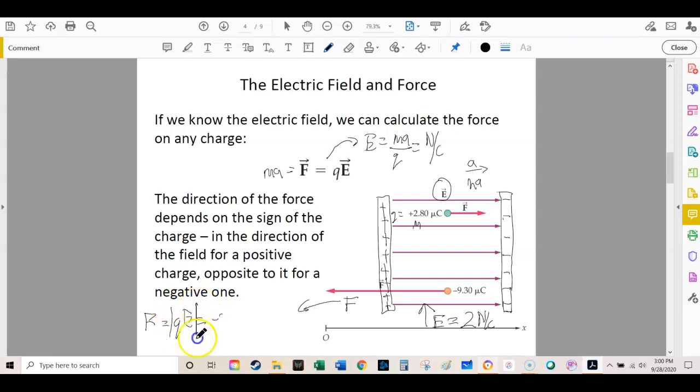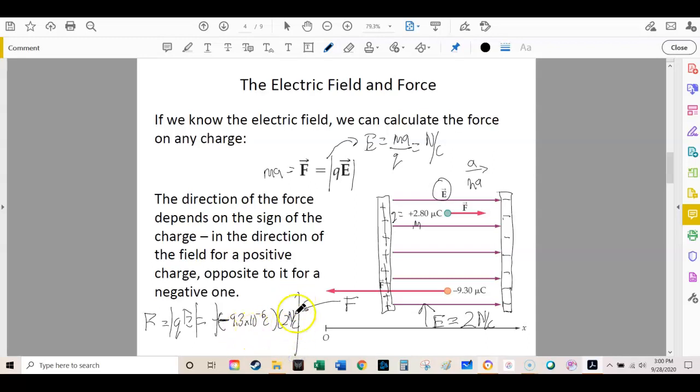You have to put the absolute value around this stuff, because we're going to want the magnitude, not the direction. So that'll be negative 9.3 times 10 to the negative 6 coulombs times 2 newtons per coulomb.